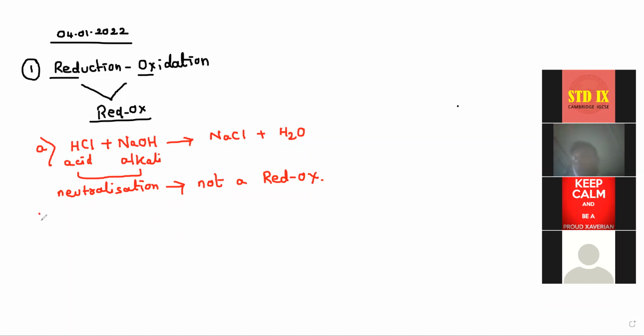Let us come to point number 2, where I will show you a reaction like Cu++ will move to the cathode, will gain 2 electrons, and we get Cu. Now this particular thing is called reduction.